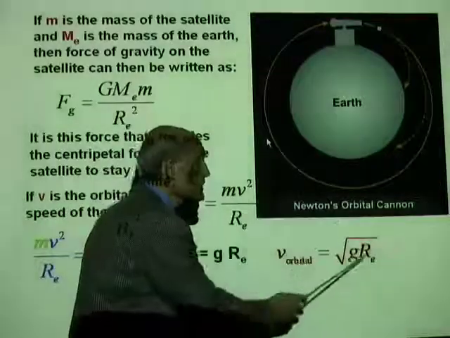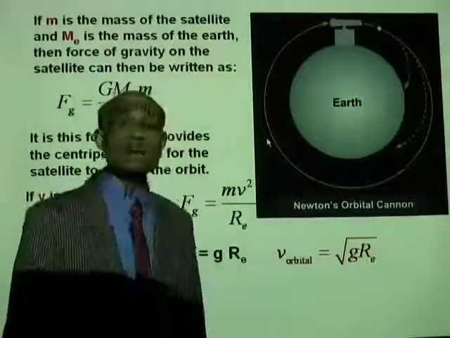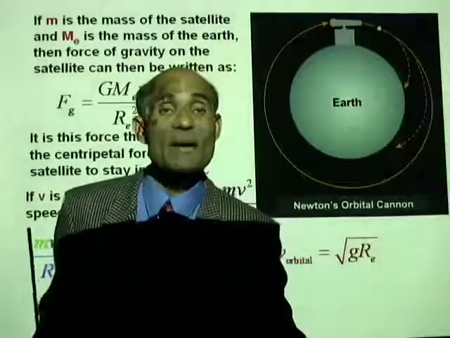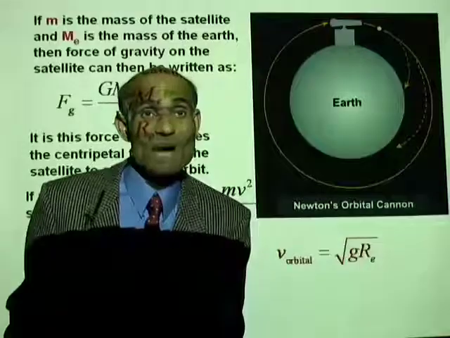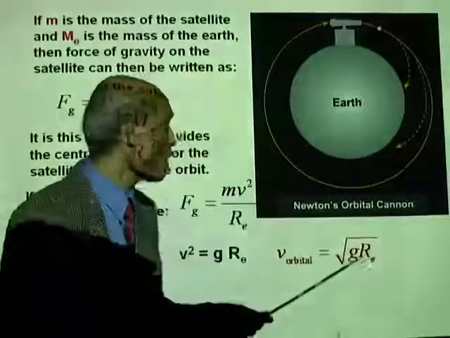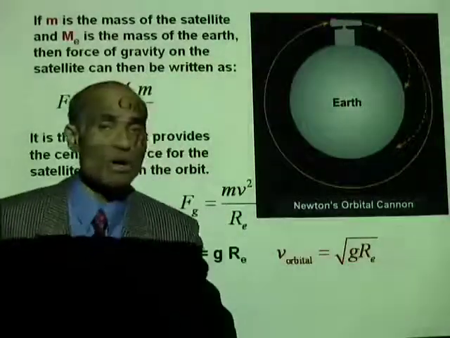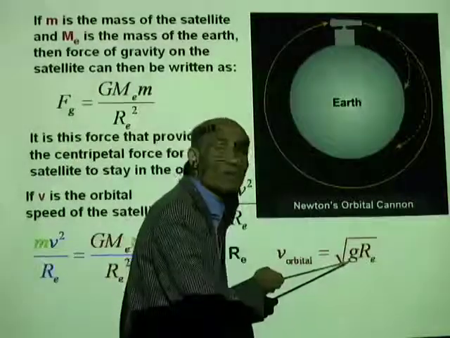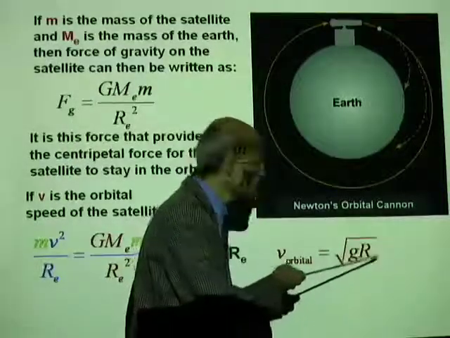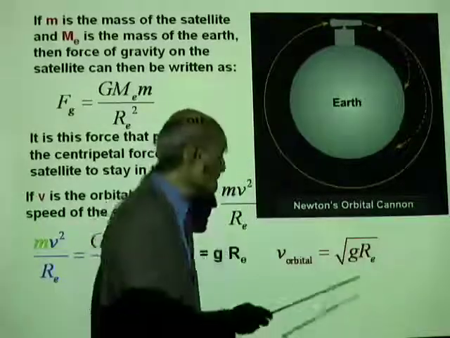The orbital speed, the speed that is necessary to keep an object in a low orbit, I'm not talking about a high orbit, is the square root of g RE. We know the value of g on the surface of the Earth. We know the radius of the Earth.